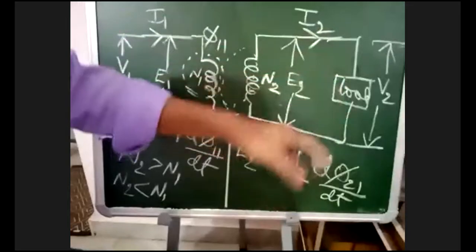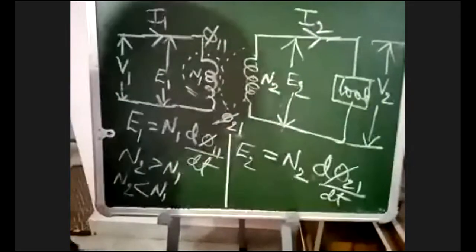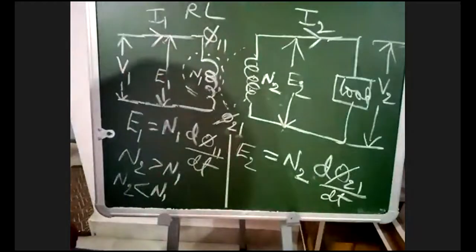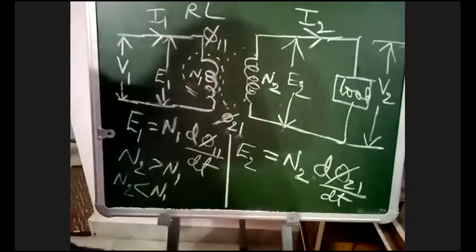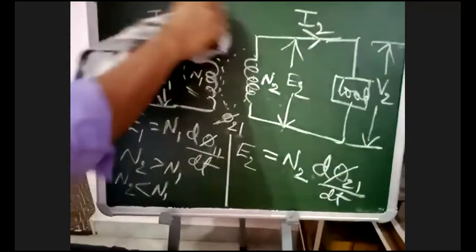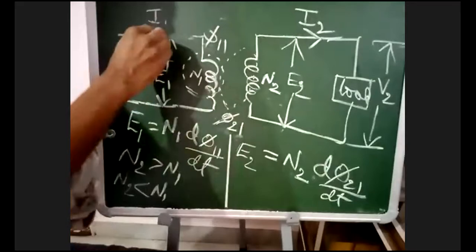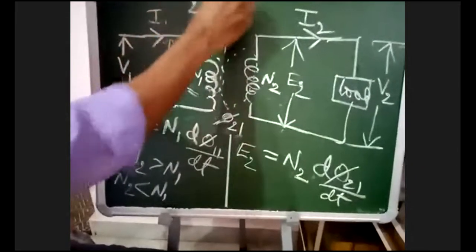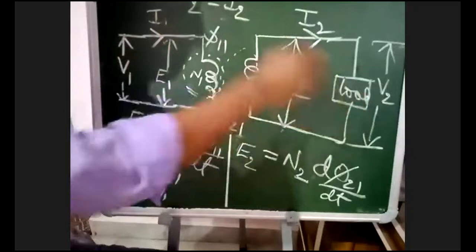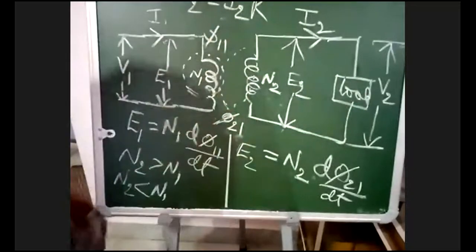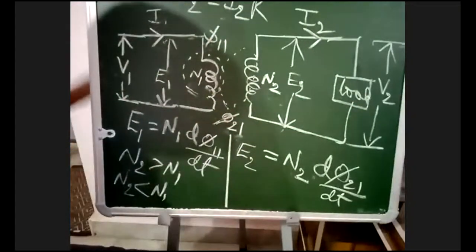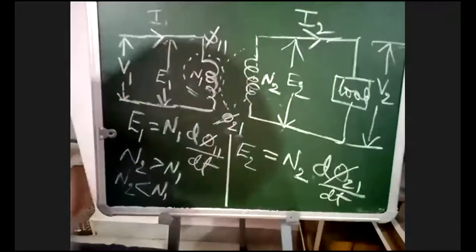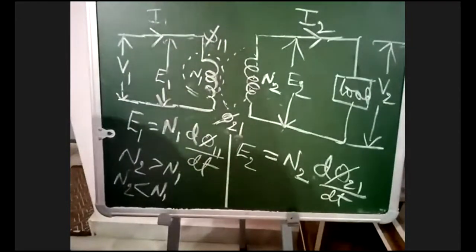We can take resistive load or RL load. Any load you can take. Resistance inductance load. Okay. Now what is the voltage V2 across the load? Suppose the load is R, what is the value of V2? I2 into R. If the load is RL, what is V2?